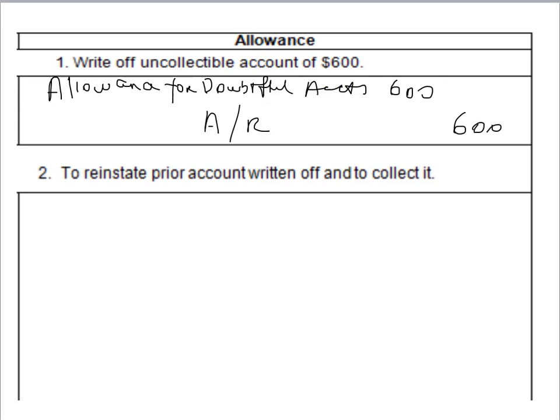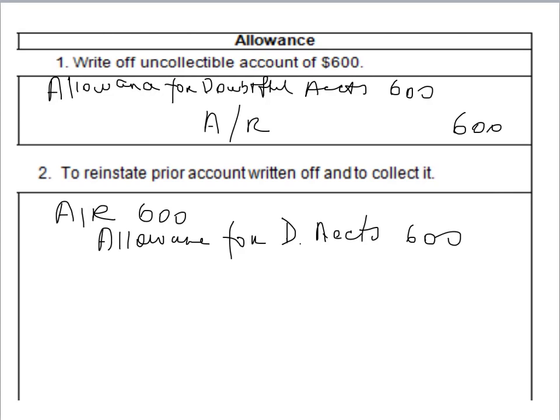Very similar to the direct write-off method, if you need to reinstate an account that was written off before, you're going to do the same thing. We're going to get our accounts receivable out of the trash can and put it back on the books. So I'm going to debit accounts receivable for $600 and credit allowance for doubtful accounts, $600, and then your regular journal entry to collect a receivable for $600.